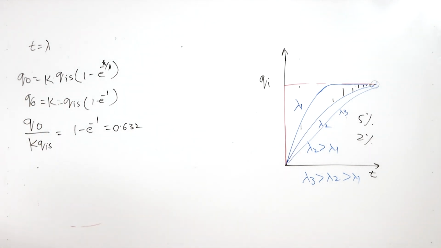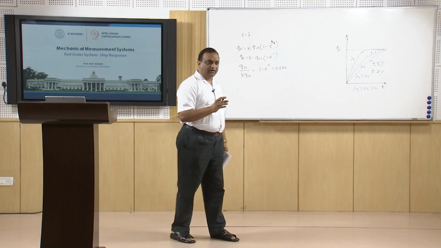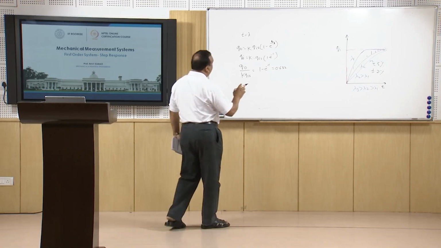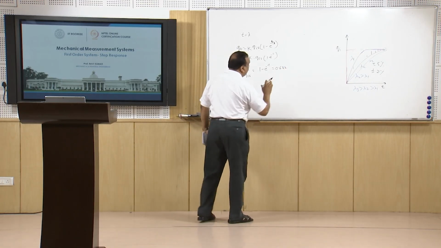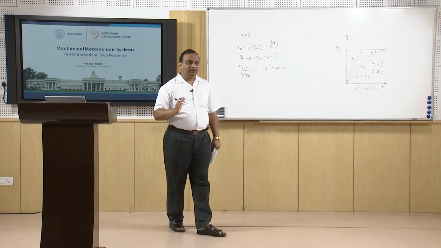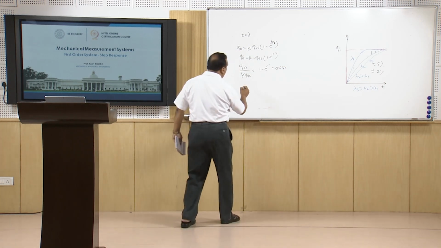So we can say that when a step input is given to the system, we can define the time constant now. When the step input is given to the system, it is the time required by the system to attain 63.2% of step input.